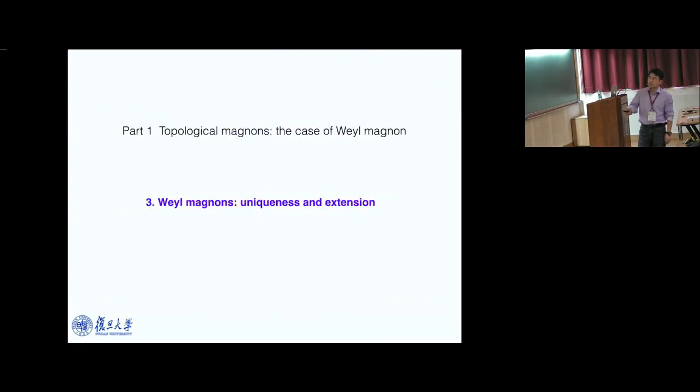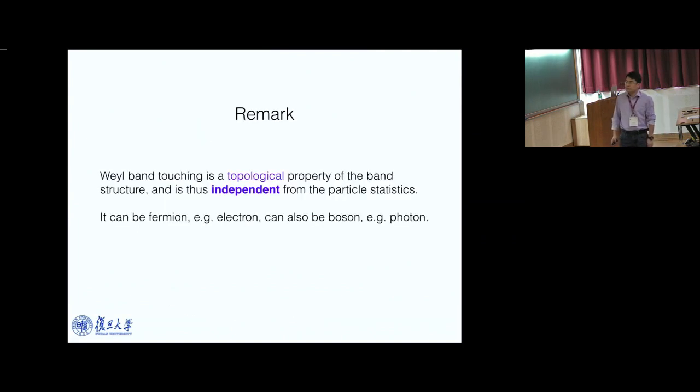Now we turn to the main topic of topological magnons. The important message I want to deliver in the first part of the talk is that this is the topological band structure of electrons, topological insulator, Weyl semimetal, Dirac semimetal. These are band structure topological properties.